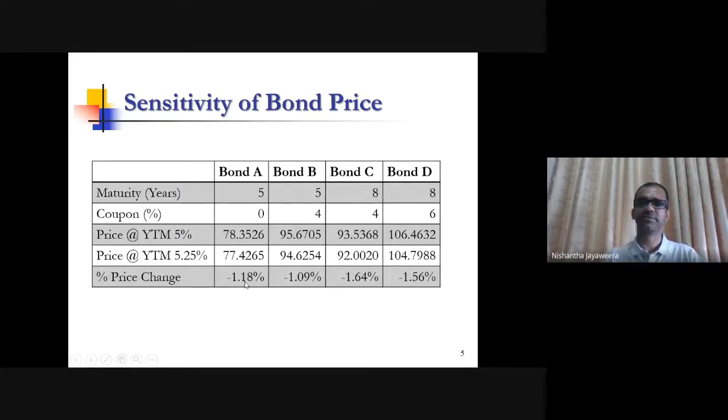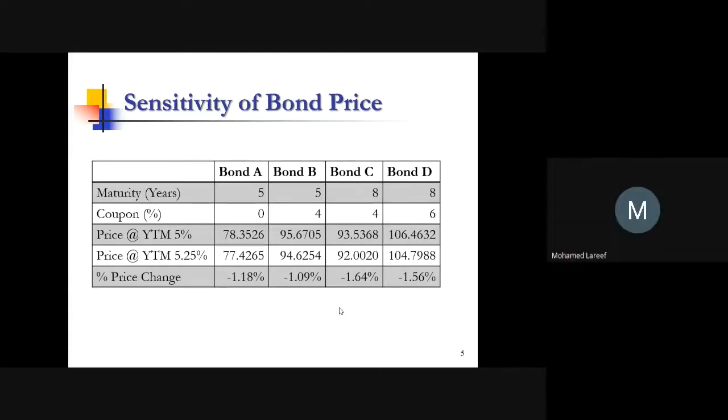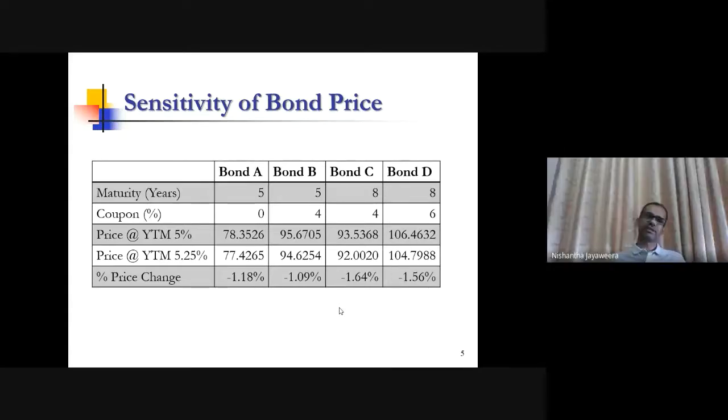That's fine. But if we take these, what is the difference between bonds A and B? The coupon. One is a zero coupon bond, the other one is a coupon bond. Now you can see price sensitivity is high in the zero coupon bond.